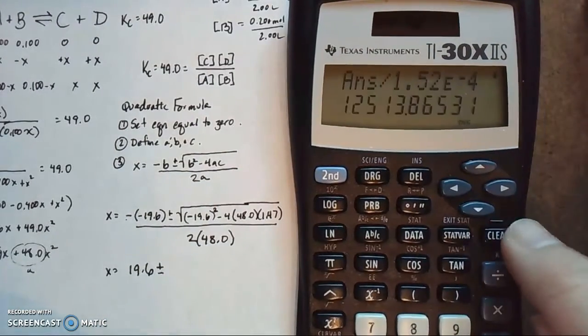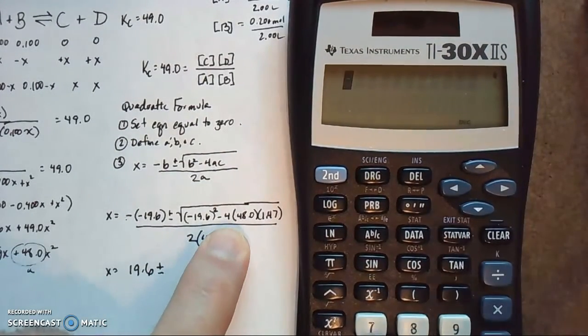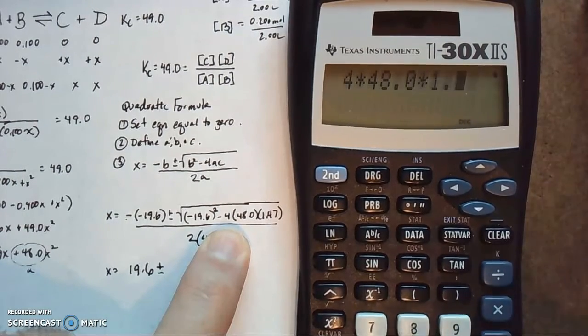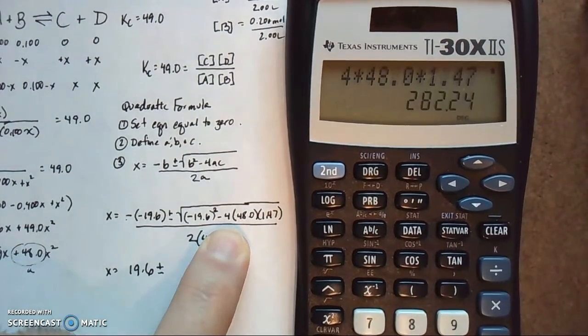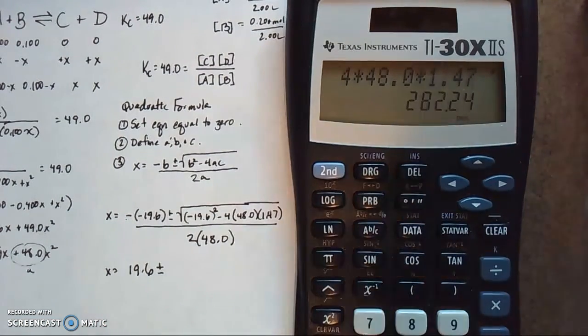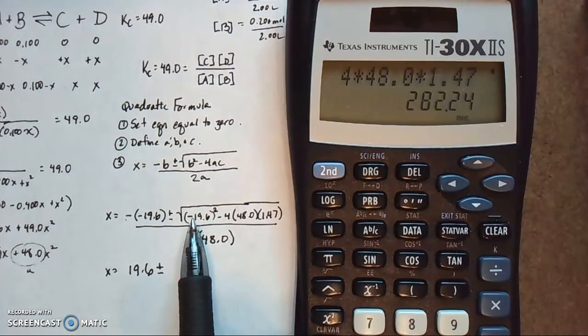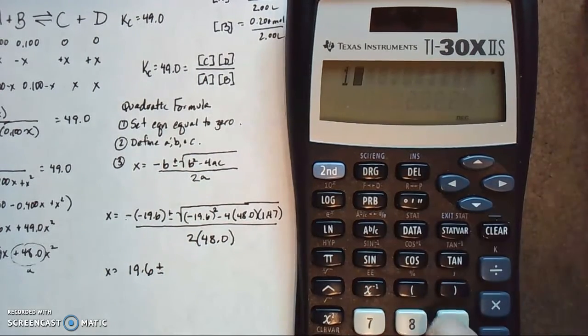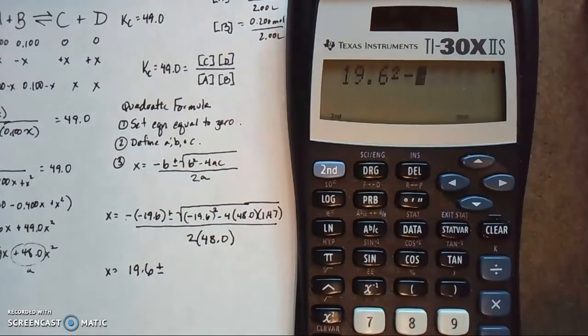So how I'm going to put this in a calculator, I'm going to put 4 times 48.0 times 1.47 and hit equals. That is going to store that as my answer. Since I know that this is a negative right here and we square it, a negative times a negative is going to be a positive. So I'm going to take 19.6 squared minus second answer. And that gives me 101.92.